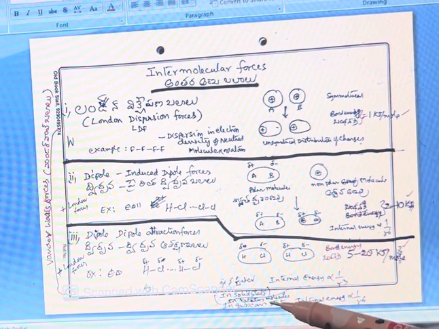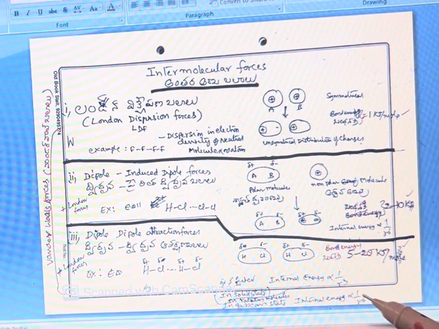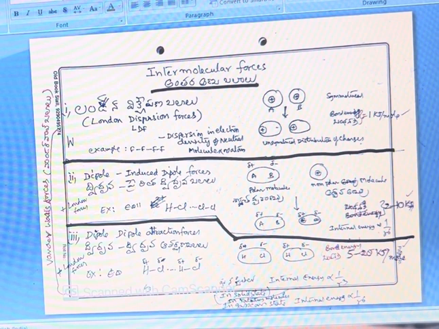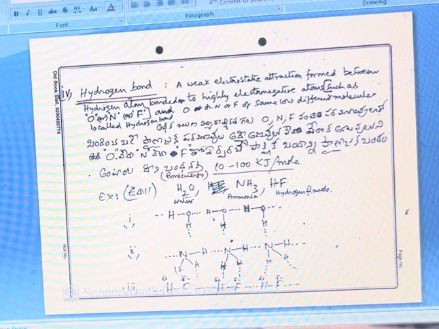If it is an angular molecule such as the water molecule, where rotation is possible, then the internal energy of attraction is inversely proportional to r to the power of 6, or directly proportional to 1 by r to the power of 6. These three are called van der Waals forces.